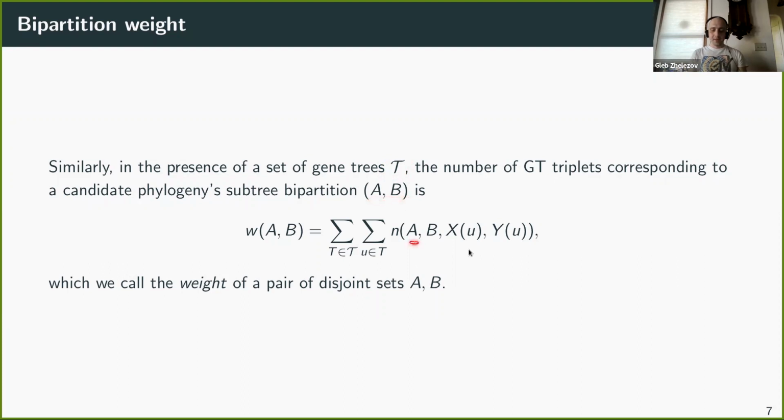You would fix A and B, the subtree bipartition in the candidate phylogeny, and then you just iterate over all the subtree bipartitions in all of the gene trees. So you get this double summation. You're summing over the nodes inside a tree and over the trees inside the set of gene trees, and that'll give you the total number of gene tree triplets corresponding to AB. And we call this the weight of the pair of disjoint sets AB.